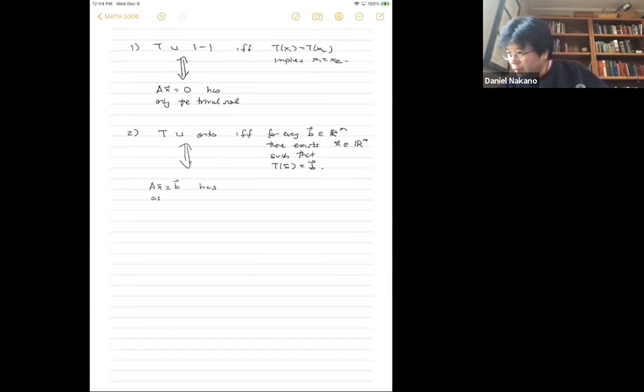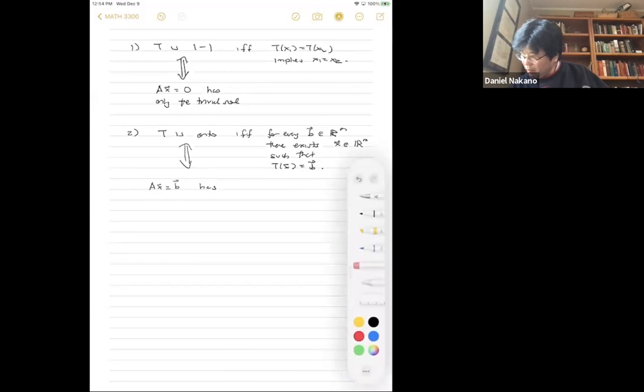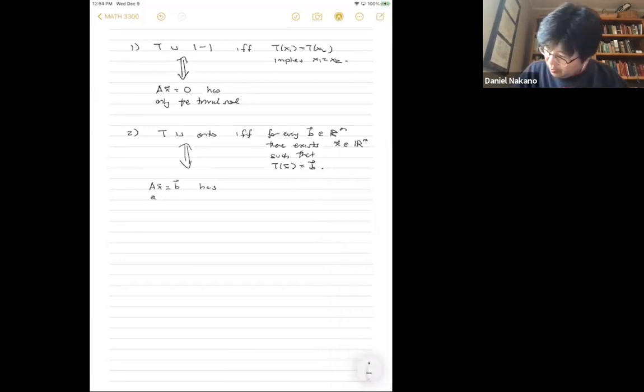So it has a solution for every B in Rm. Okay, so we just have to know that you can always solve this for every B in Rm, and then we know that T is onto.